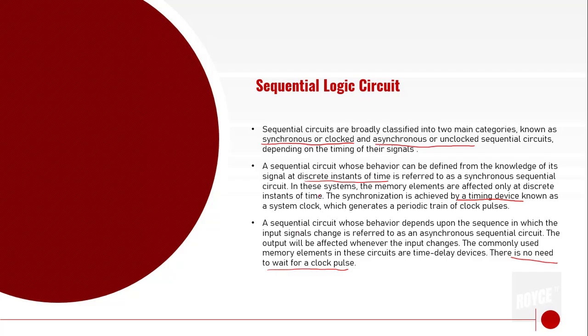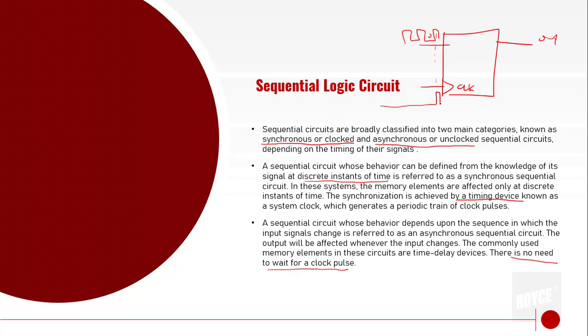Pero yung synchronous sequential logic circuit, kahit anong palit natin sa input, alam mo, ito yung synchronous natin. Kahit anong palit natin dito sa inputs natin, hanggat hindi sumasabay yung clock, alam mo, 0 pa rin yung clock, wala tayong makikita sa output niyan. Okay, pero pagdating dito, nag-change ulit siya from 0 to 1.